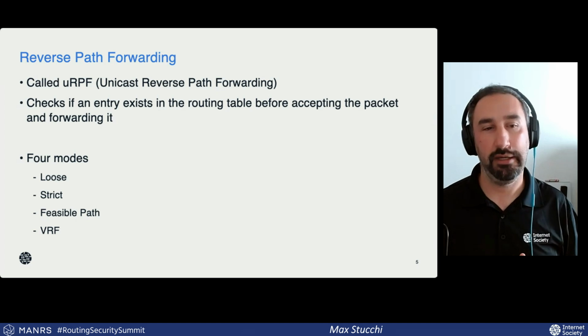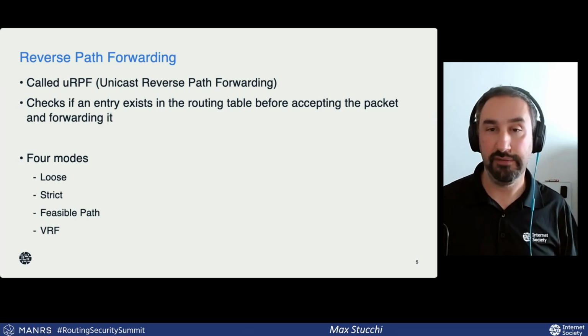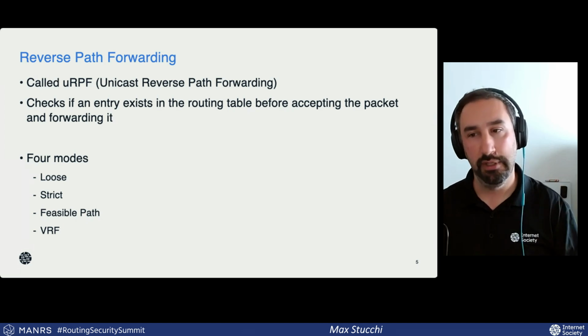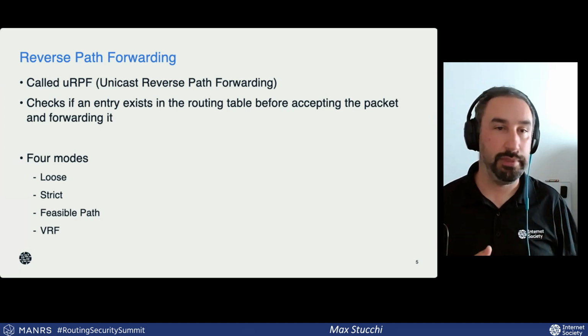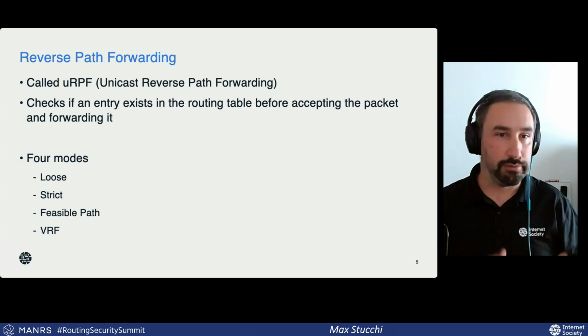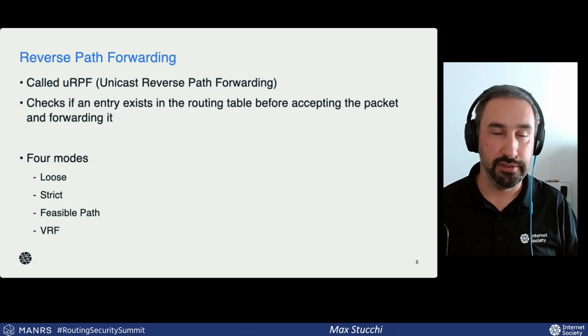If we don't apply RPF, chances are that that traffic originated by one of our customers will get to our border routers, and will just be forwarded as it is out of our network to its destination. And then that destination will answer back.